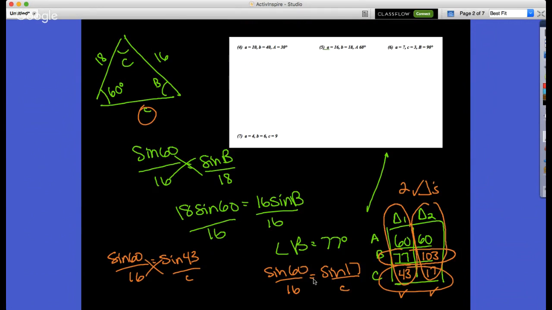I got 5.40 for C here, okay? And then the next one, I got 12.60, okay? So in both of these instances, we're able to get 2 different side C's because we have 2 different triangles and 2 different angles for angle C, okay?